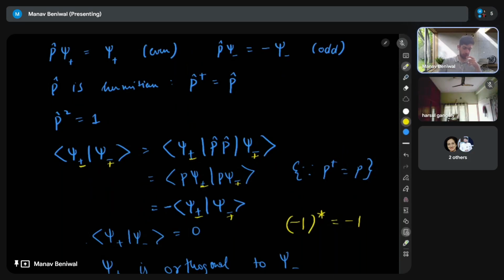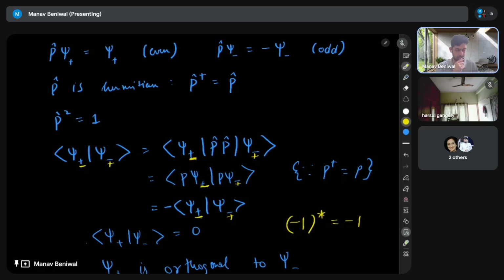Yes, sorry, ma'am. What I was saying is that now we have considered this psi minus in the bra space and psi plus in the ket state in these yellow markers, right? So on the right side also we'll keep the same convention: psi minus in the bra space and psi plus in the ket space. So this psi minus remains psi minus, and here also it will remain psi minus.